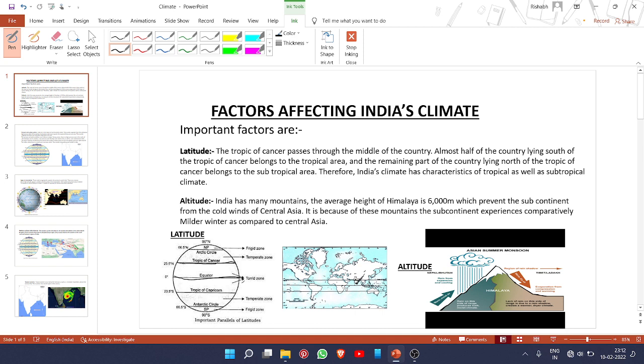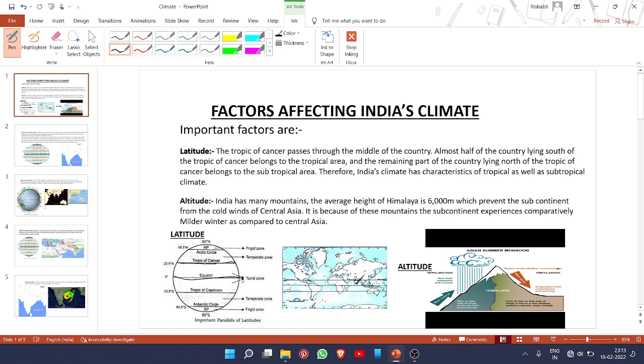And if we see the location of India, the Tropic of Cancer passes through the middle of the country. So we can understand that the part situated in the south of the Tropic of Cancer is in the tropical or torrid region, and the part situated in the north is in the temperate or subtropical zone.